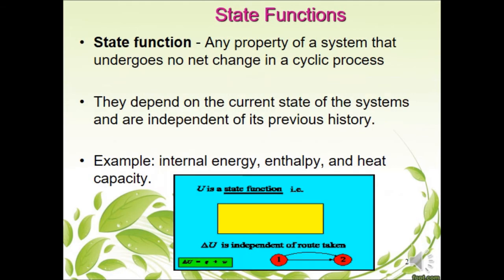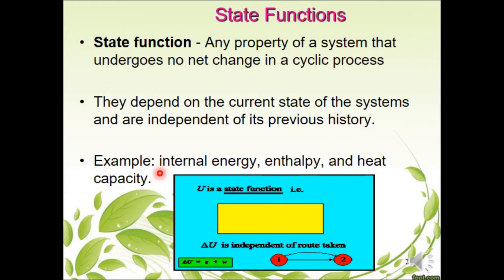Alright, let us move on to state function. So what is a state function? Any property of a system that undergoes no net change in a cyclic process. They only depend on the current state and are independent of its previous history. Later on I will explain that. What does this mean?